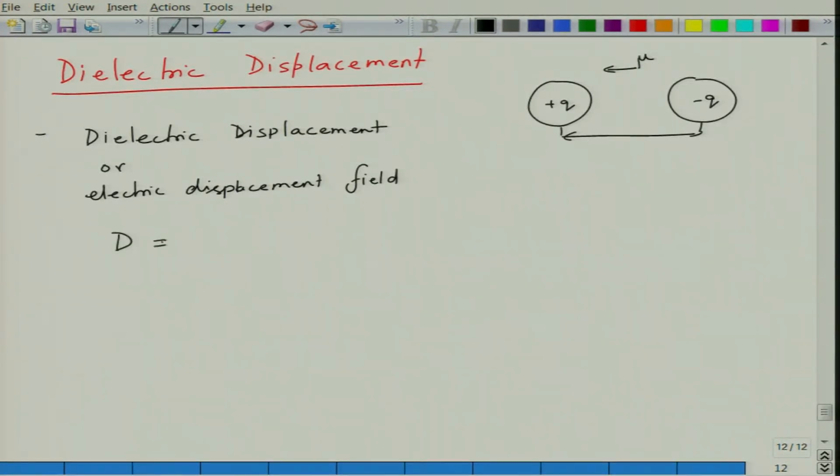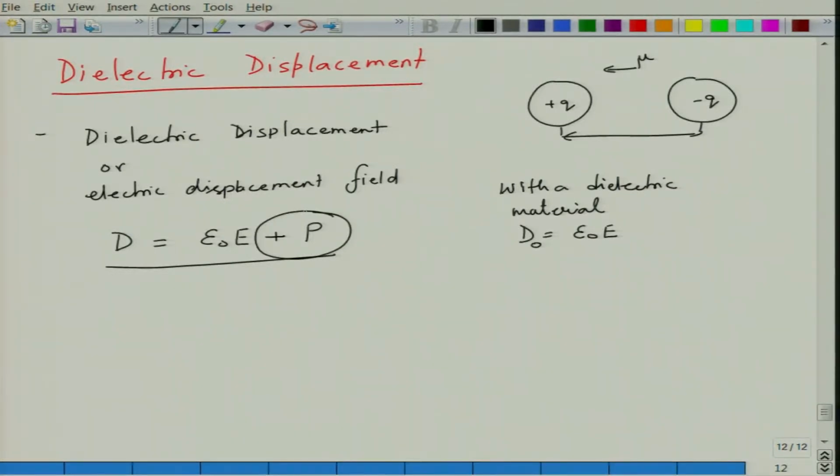This quantity is called D. D is a vector, and D is defined as epsilon naught E plus P. Essentially, without a dielectric material, D will be equal to epsilon naught E, that is D naught, and when you insert a dielectric material, you induce a surface charge due to the presence of the material, a term called polarization, which modifies the dielectric displacement by the amount P. So, this P is the added quantity.